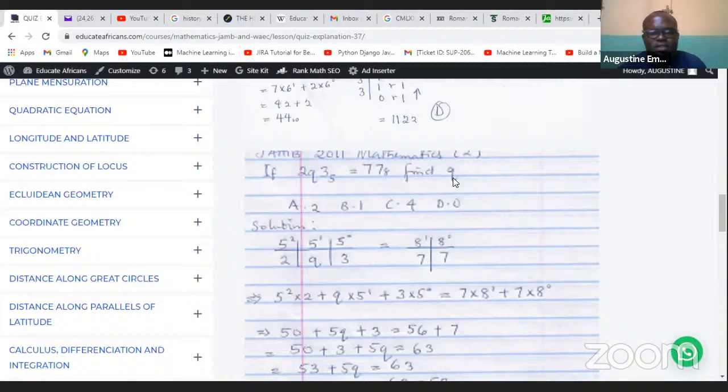So always note, whenever you see something like that, convert it to base 10. Then convert this one also to base 10. Then solve out. Then you get the value. That's the easiest approach, converting to base 10.